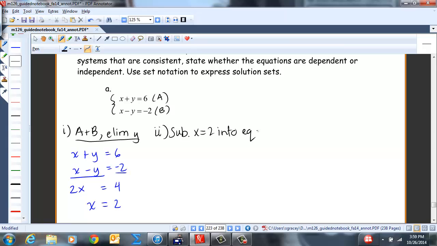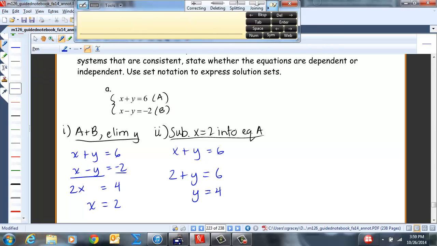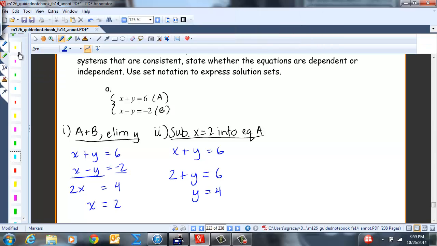Let's just do equation A. So we have x plus y is equal to 6. We got 2 for x, so 2 plus y is equal to 6. y is equal to 4. So x was 2. So now let's go for our conclusion.